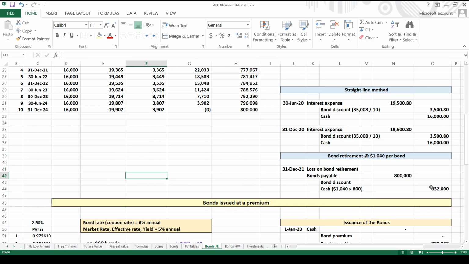So there's a couple of ways of looking at this. One way is, let's say, okay, we started with 35,008, right? And then, if we're going to do this December 21, that means how many amortizations have taken place so far?